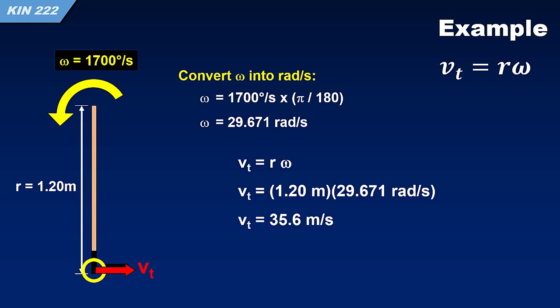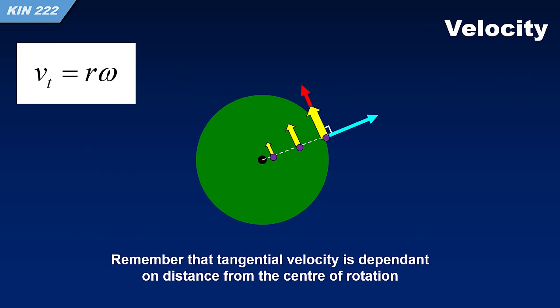So if you remember then that the tangential velocity, if you look at the formula there, is not only dependent on the angular velocity, but it's dependent on how far you are from the center of rotation, or the radius. So you can have multiple points on the same rotating object that will all have different tangential velocities. In this case, we've got our same green circle again.